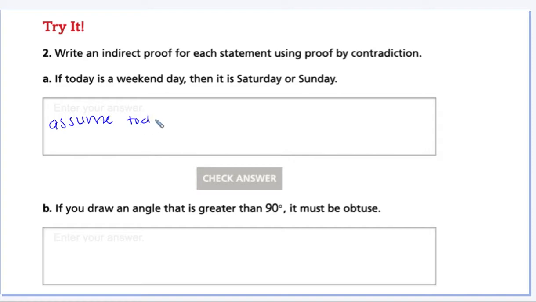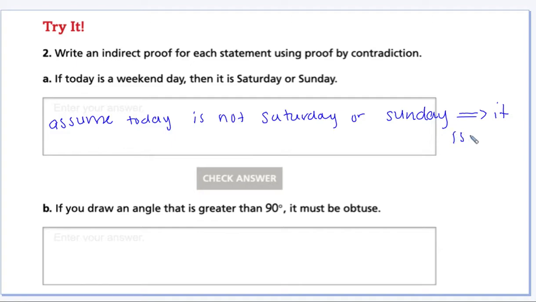Assume today is not Saturday or Sunday. Again, that implies it is a weekday. And that's going to contradict the fact that we were given, or that we started with, today is a weekend day.